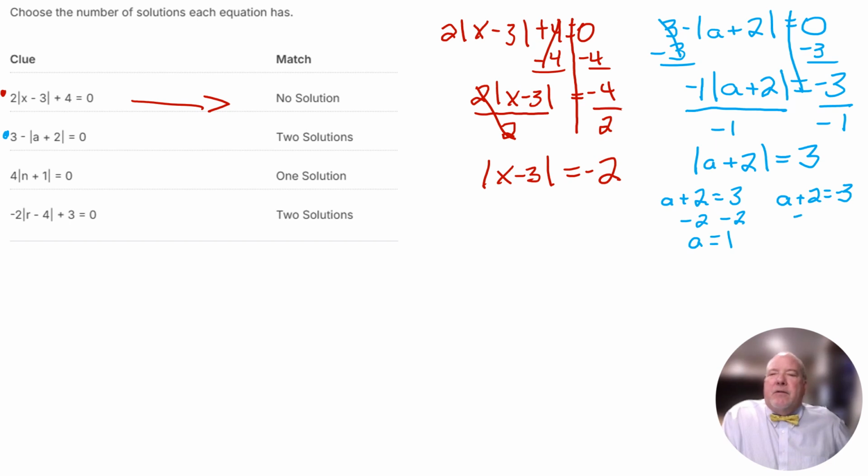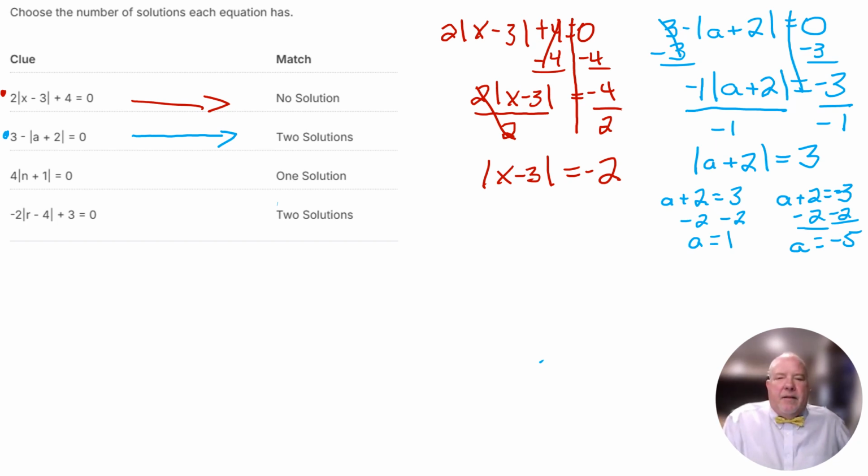For this one, I do the same thing: minus 2, minus 2, that's negative 3 there. Then I end up with a equals negative 5. So you can see here, I got two solutions. So B, the second one here, goes to two solutions.